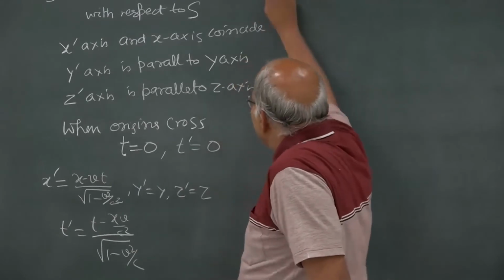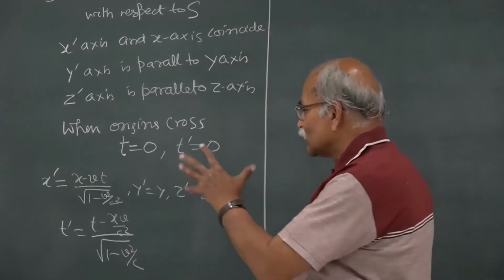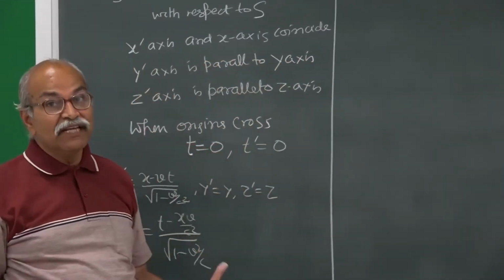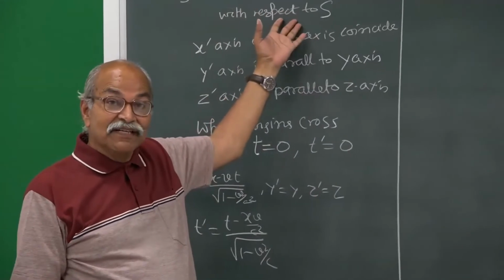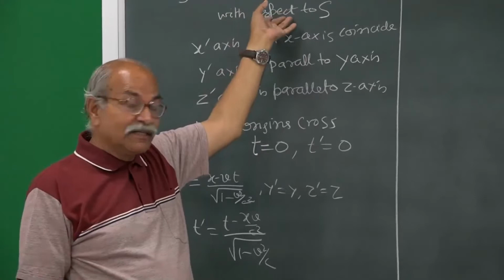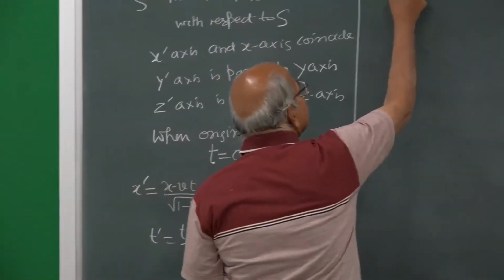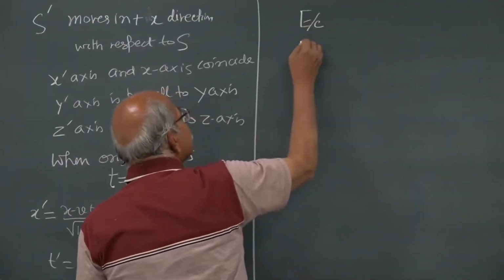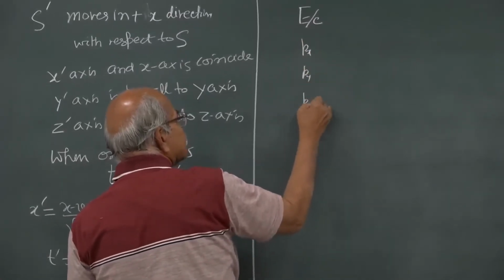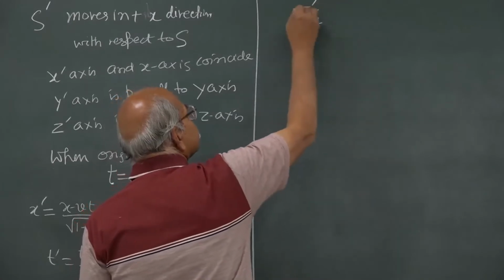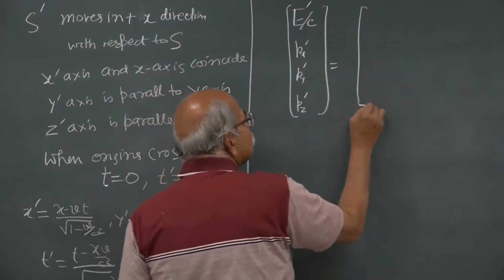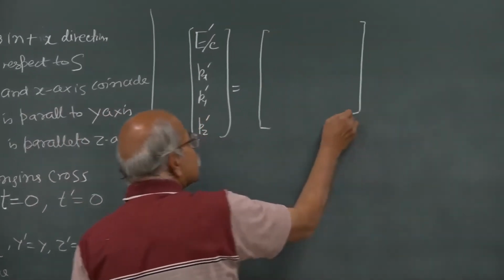But we can say some things about our components of a 4 vector, even if axis systems are different, even if S prime is not described through this prescription. If we have E by C, Px, Py, Pz, primed, you will have a transformation matrix.